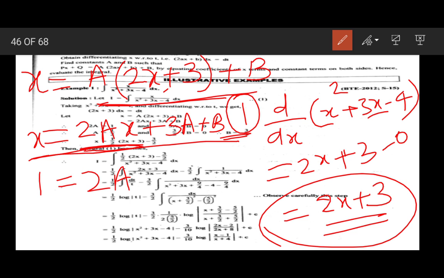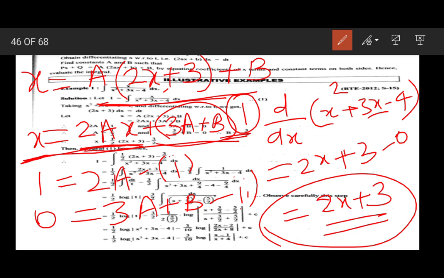And in the left hand side there is no constant term, so 0 is equal to, here the constant terms are 3a plus b. By comparing both the sides we get 1 is equal to 2a and 0 is equal to 3a plus b, these two equations. This is equation 1 and this is equation 2.